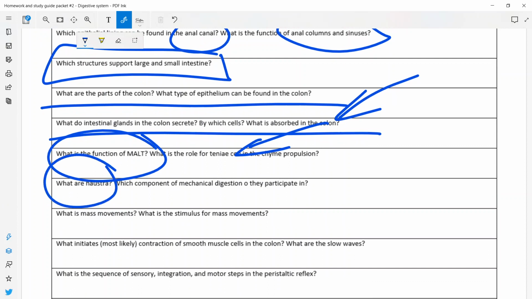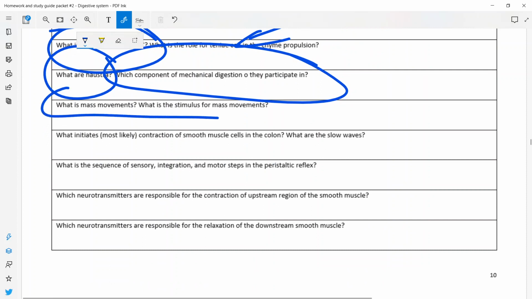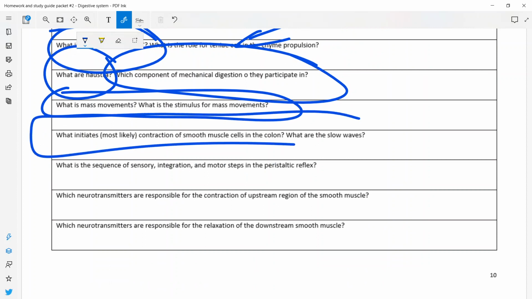They participate in segmentation. Mass movements are powerful contractions of the large intestine that usually result in bowel movements, in defecation. The main stimulus is consumption of food and release of gastrin. Slow waves, so pacemaker cells generate slow waves. Peristaltic reflex, stretch.